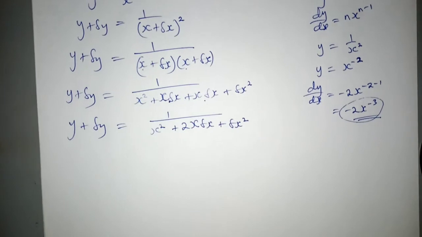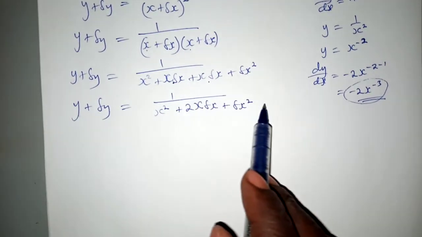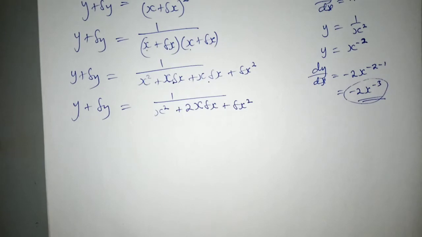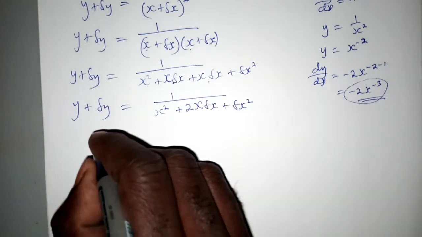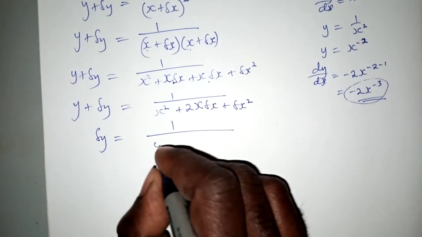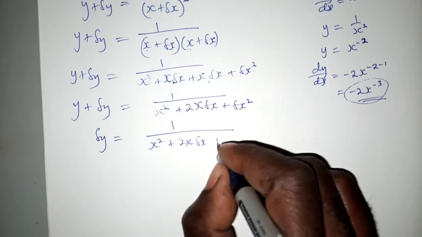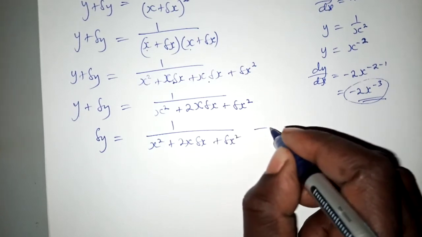So from here, we are going to take this y to the right hand side of the equation. So we have delta y is equal to 1 all over x square plus 2x delta x plus delta x square, minus y.